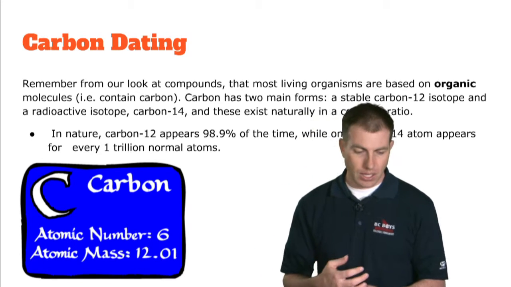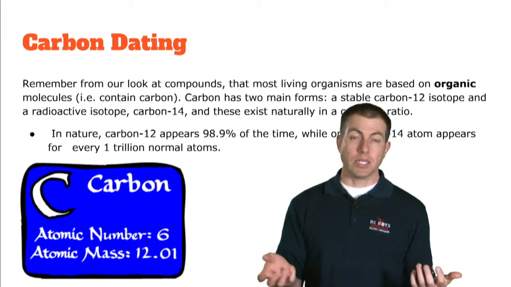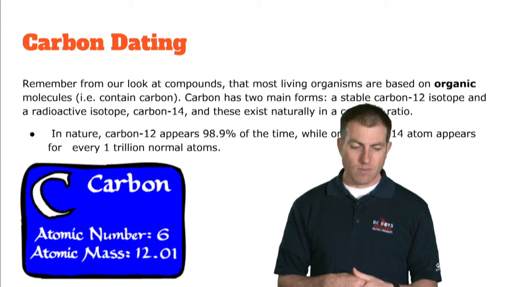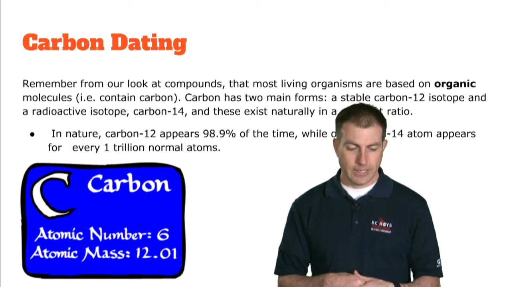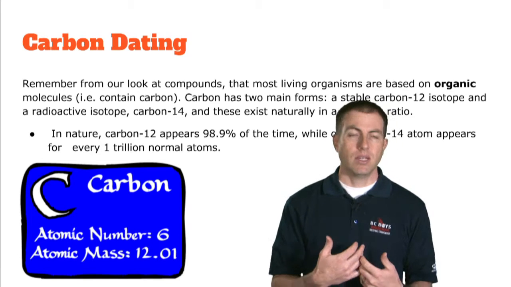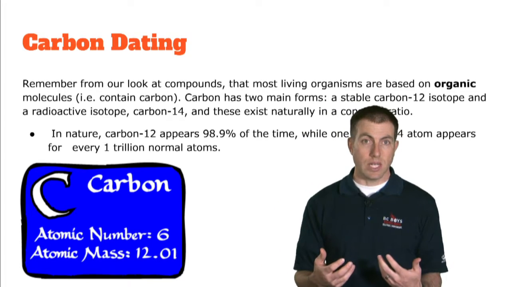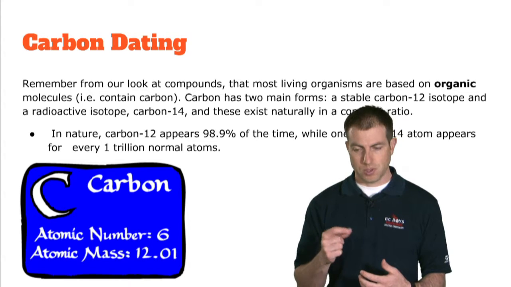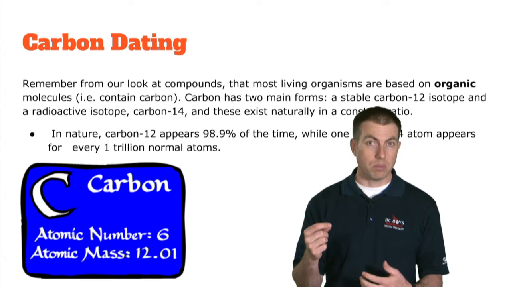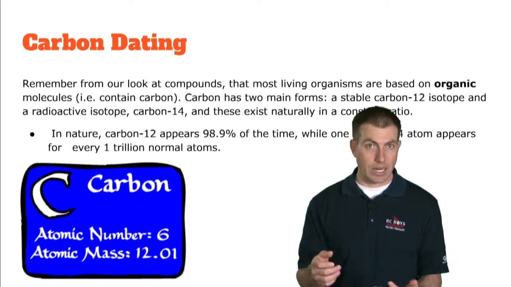Now, 1 in a trillion atoms in your body are this carbon-14. So when we think about how many cells you have in your body, you have millions and millions of cells. Each one of those cells is made up of smaller parts, things like DNA, and DNA is made up of atoms.